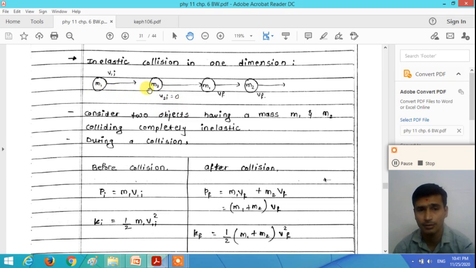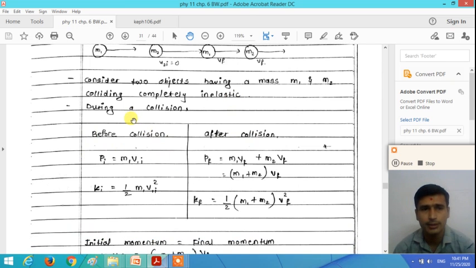So if these two objects collide with each other, then after the collision the object m1 moves with the final velocity v1f in the same direction, and m2 moves with the final velocity vf. So both objects are moving with the same velocity, right? How can we find the final velocity of these objects? Here the collision is completely inelastic, so we need to find the linear momentum before the collision and after the collision, and the kinetic energy before the collision and after the collision, right?